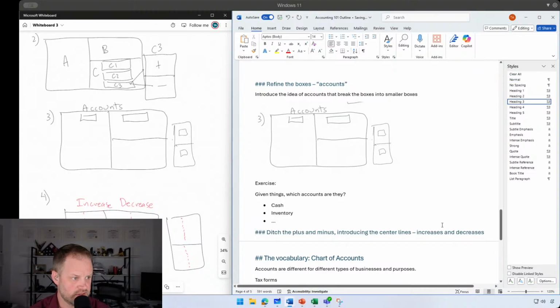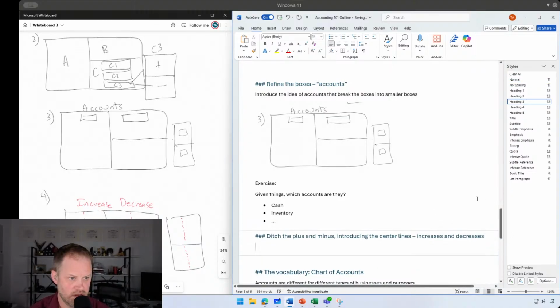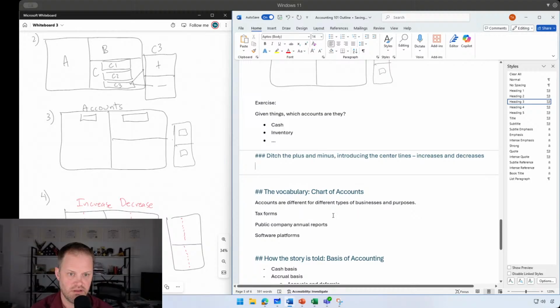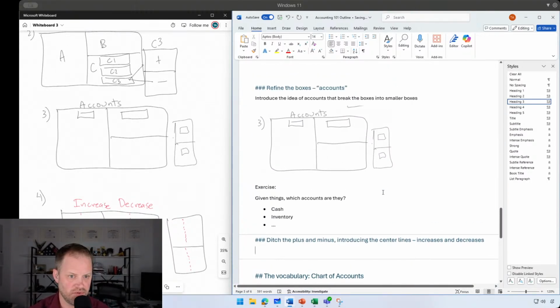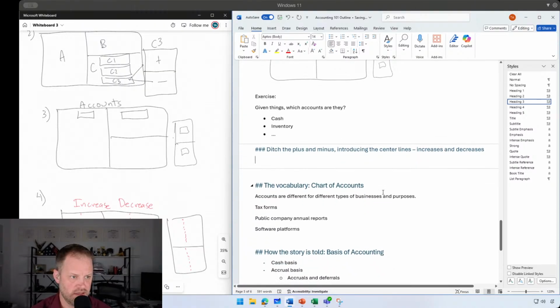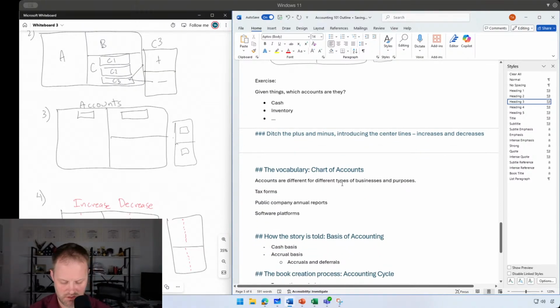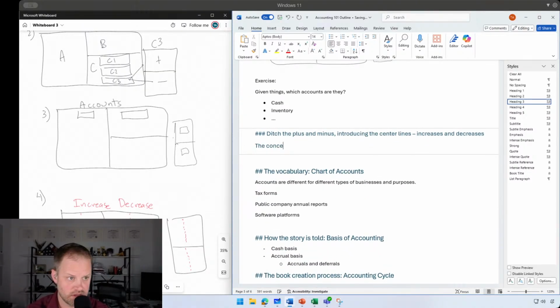So this is where we step up to the big leagues, the bigger leagues. Have we introduced accounts at that point? Yeah, so we've got accounts. Then we say, okay, let's introduce the concept of increase and decrease.